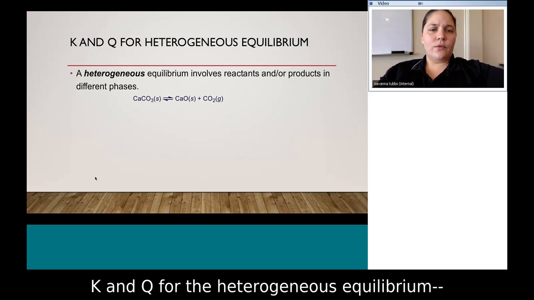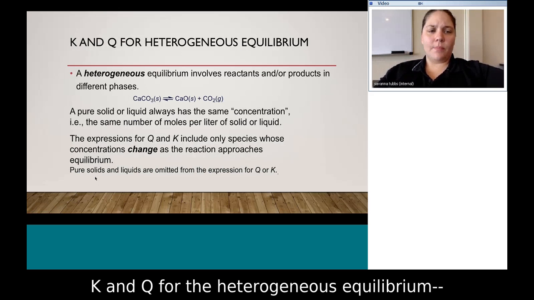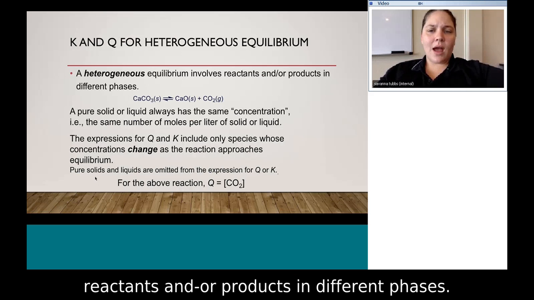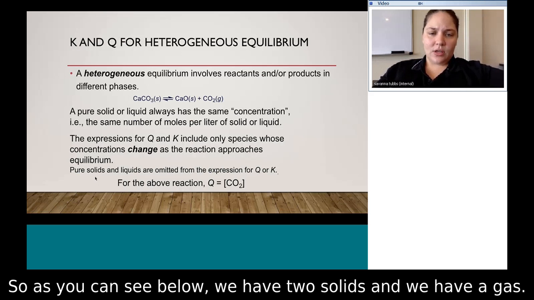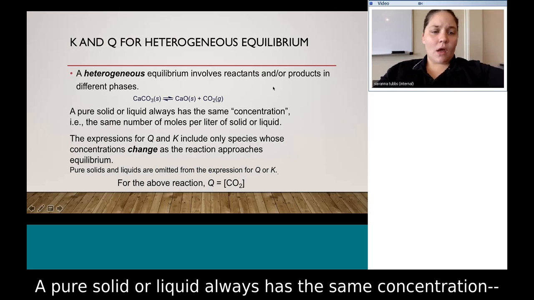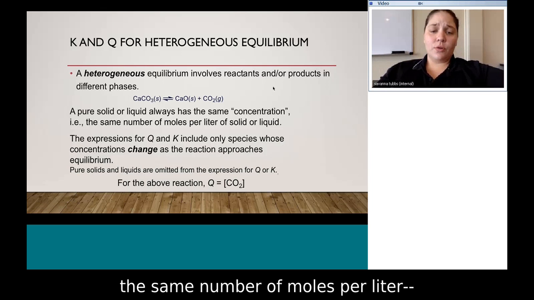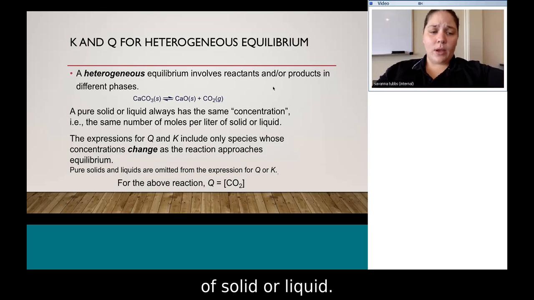K and Q for the heterogeneous equilibrium. A heterogeneous equilibrium involves reactants and/or products in different phases. So as you can see below, we have two solids and we have a gas. A pure solid or liquid always has the same concentration, i.e. the same number of moles per liter of solid or liquid.